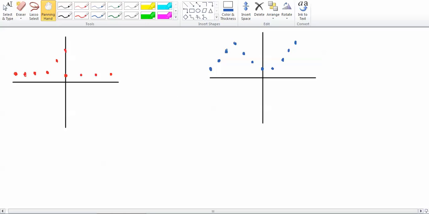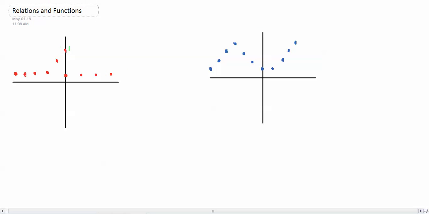So let's take a look here. I'm going to grab my drawing tools. Again, I apologize for my lack of ability to draw a perfectly straight line. But if you take a look at this point here and this point here, this vertical line, the y-axis, intersects both of them. It doesn't matter that it is the y-axis, it's just that it happens to be there, and this vertical line intersects two of our data points.